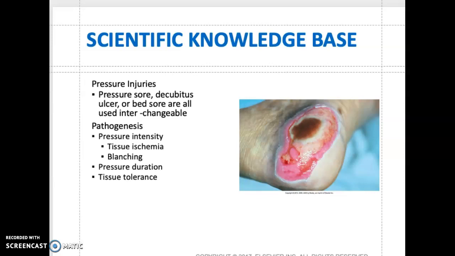So tissue ischemia. What is tissue ischemia? It's a prolonged pressure to an area that leads to ischemia. So what type of patients are at increased risk for tissue ischemia? Those who have decreased sensation and cannot feel pain, as we talked about, your patients with diabetic neuropathy.